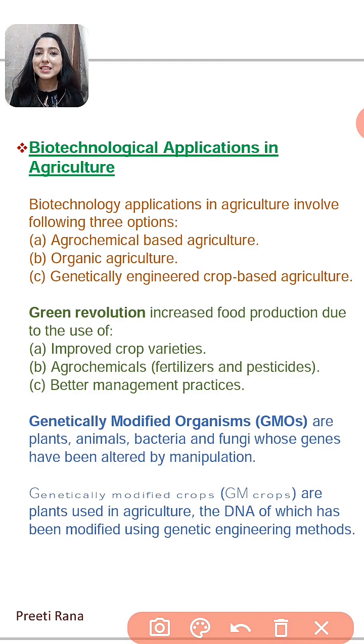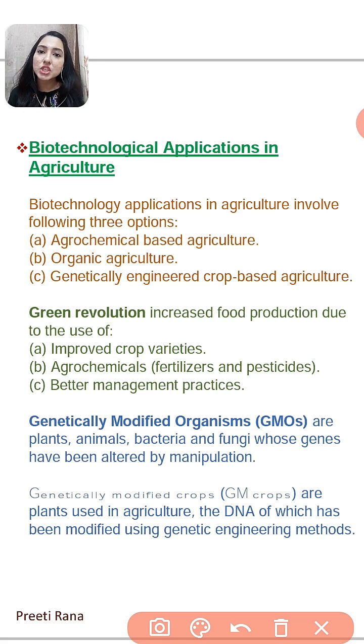First of all, we will discuss the application of biotechnology in agriculture. It involves three options. First is agrochemical based agriculture, which involves the use of pesticides and fertilizers. Second is organic agriculture, which does not involve the use of any kind of chemical.